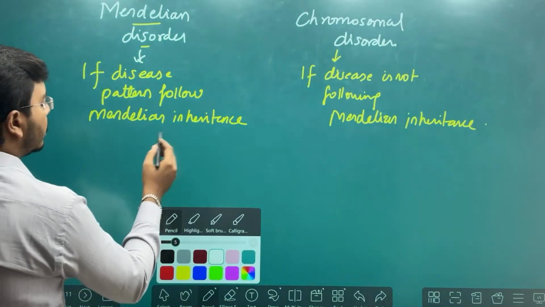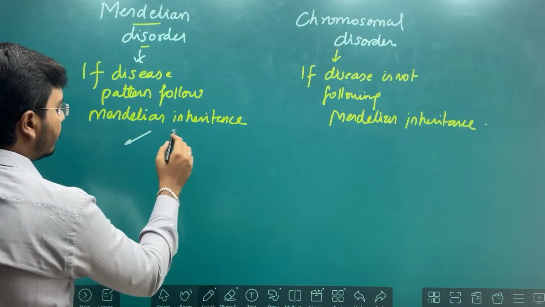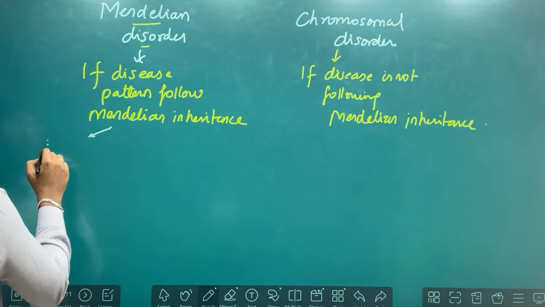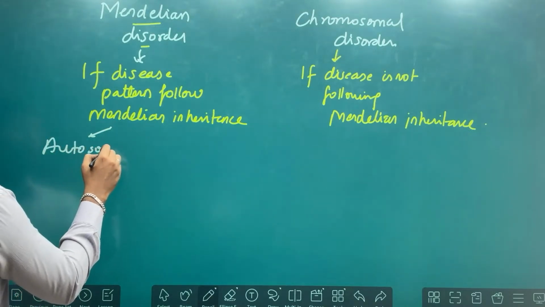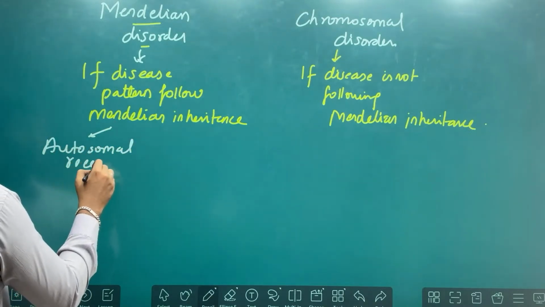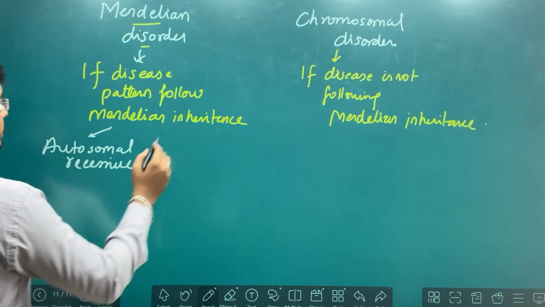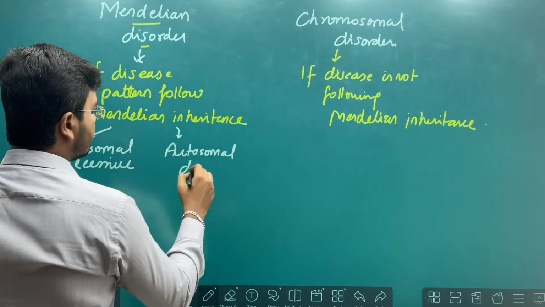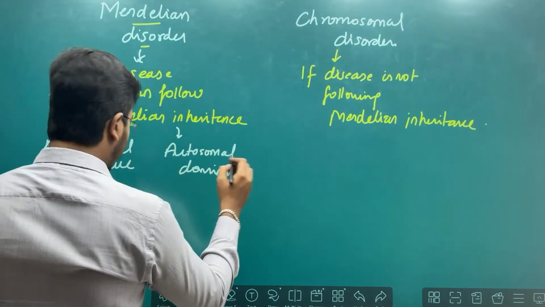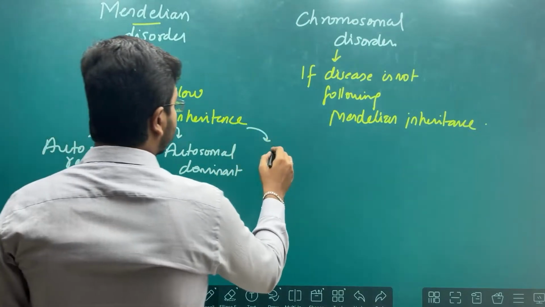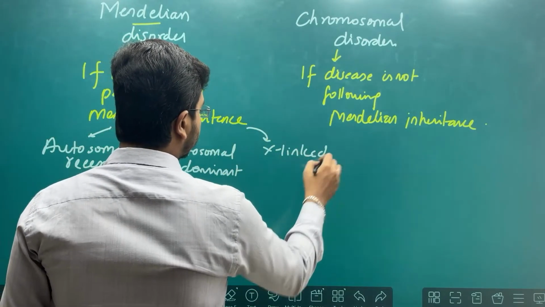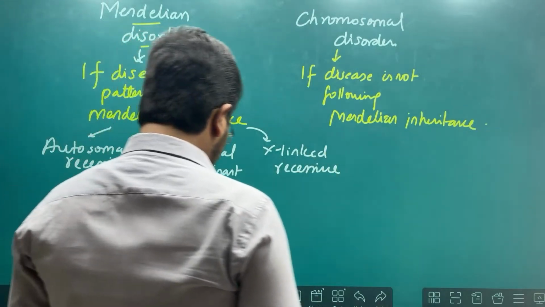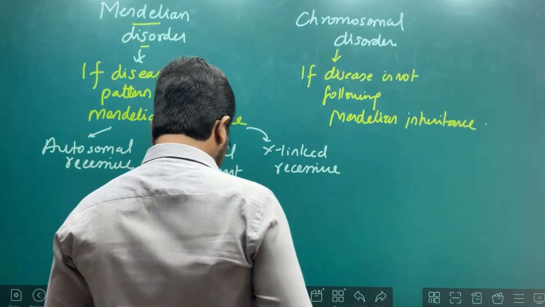Again, we will be having types within this. Okay, so we'll be having autosomal recessive disorder, autosomal dominant disorder, X-linked recessive disorder, and X-linked dominant disorder.